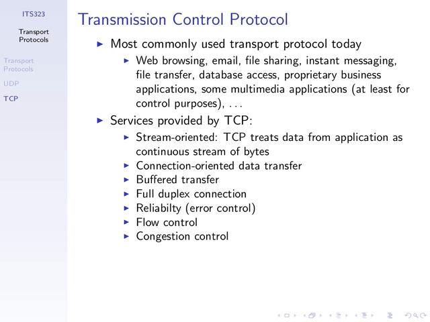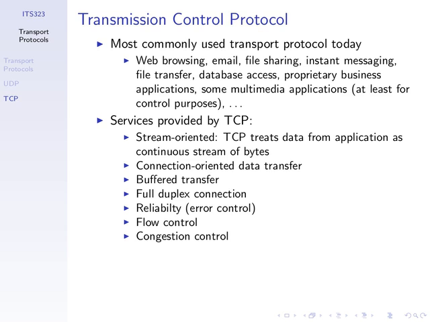And stream-oriented. We'll explain this in a bit more depth shortly, but that means we treat the data that comes from the application as just a set of bytes, a sequence of bytes or a stream of bytes. Sometimes our application may generate a message, send it to TCP, and then shortly later generate a second message and send it to TCP.